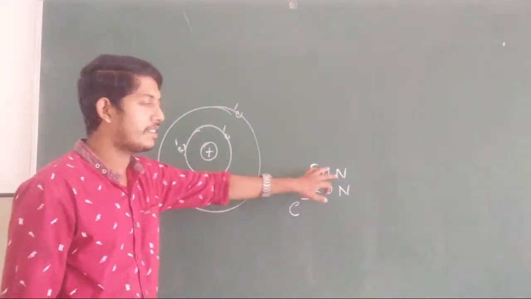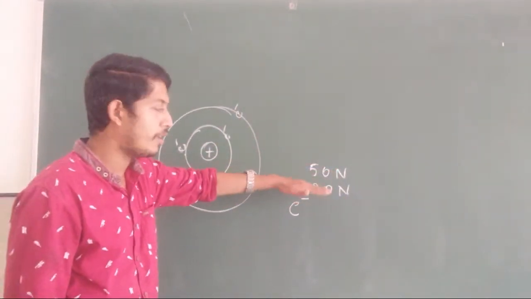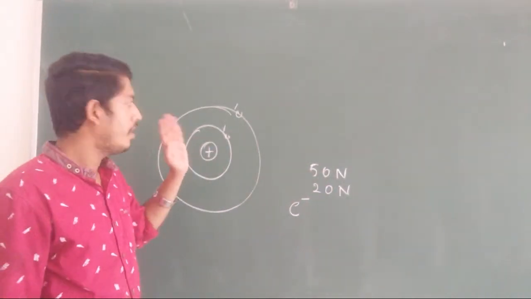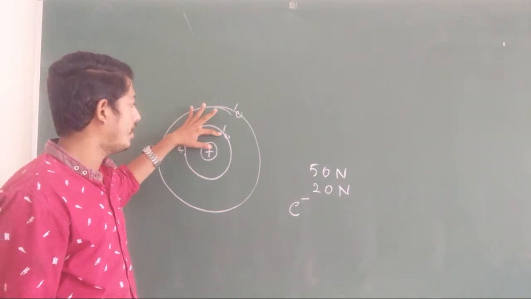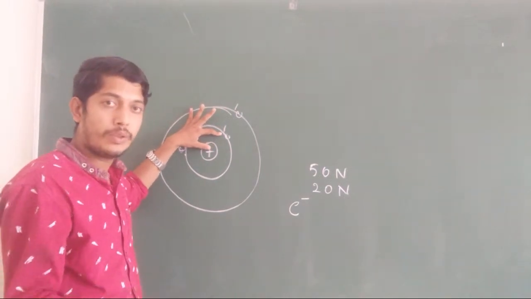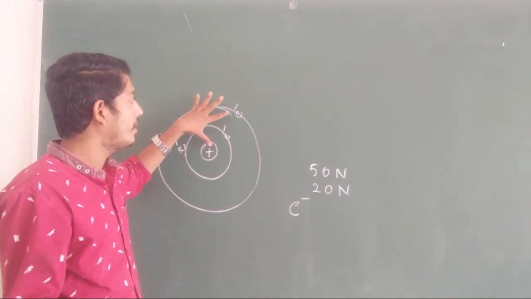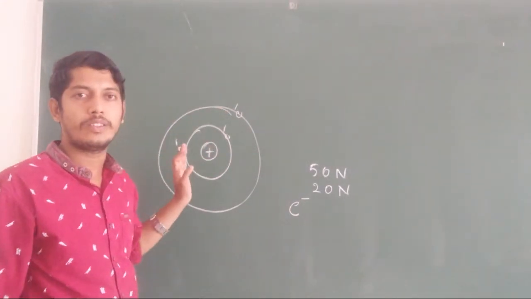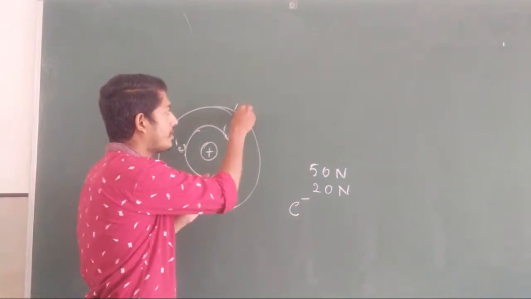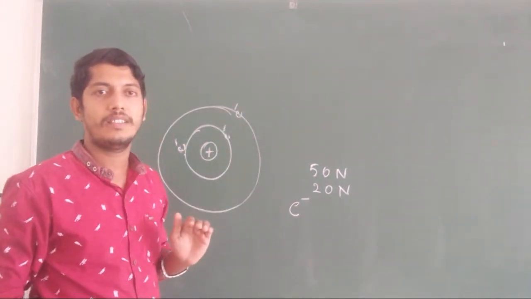Here N represents Newton, and these values are imaginary. So the force of attraction on the second electron is less.